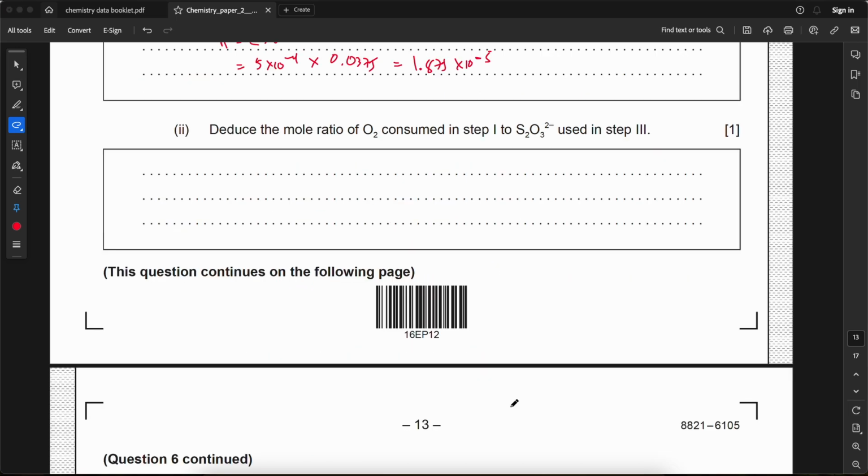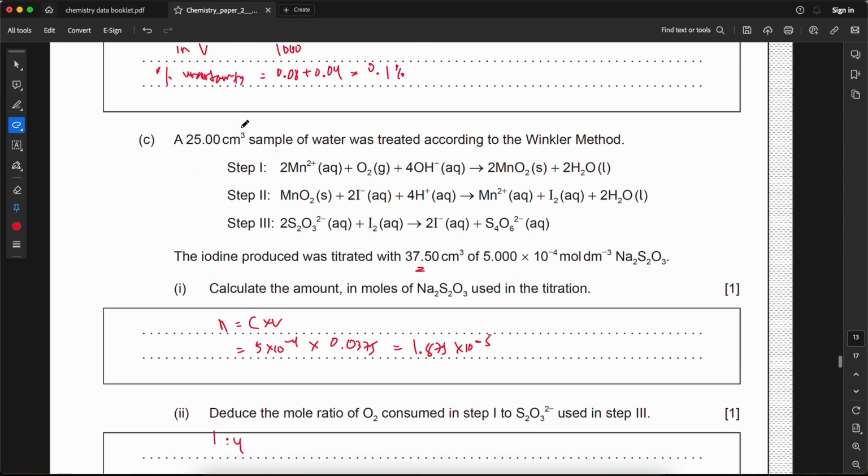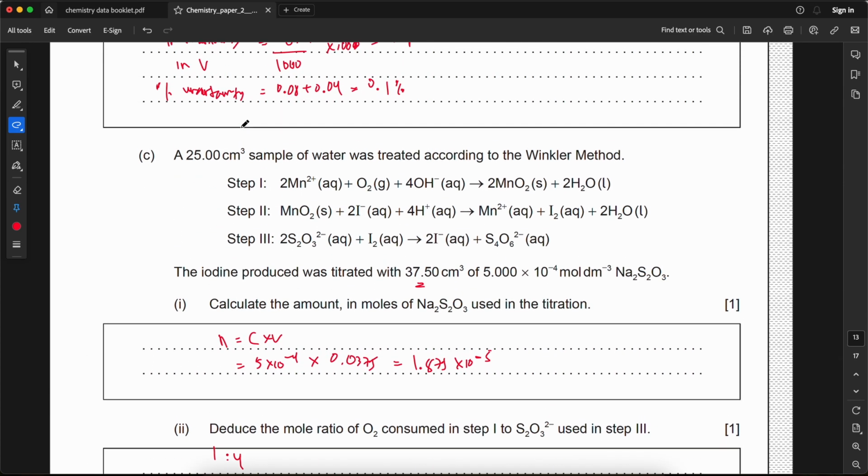Deduce the mole ratio of oxygen consumed in step 1 to S2O3 2 minus used in step 3. It's 1:4. How? In general, in the Winkler method, the oxygen reacts with Mn2 plus.